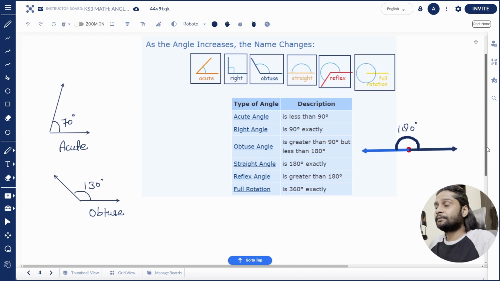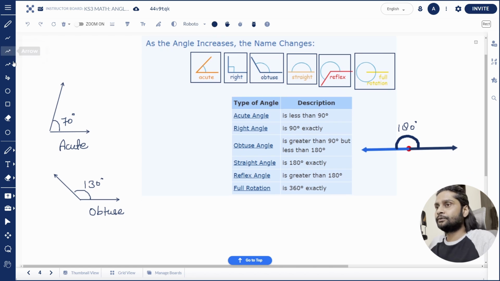Let me just show you practically. Let's say this is your initial ray, and then I start moving it. So this is acute, acute, acute. And as soon as it becomes 90, it's no longer an acute angle. It's a right angle now. Beyond the right angle, we have obtuse angles.